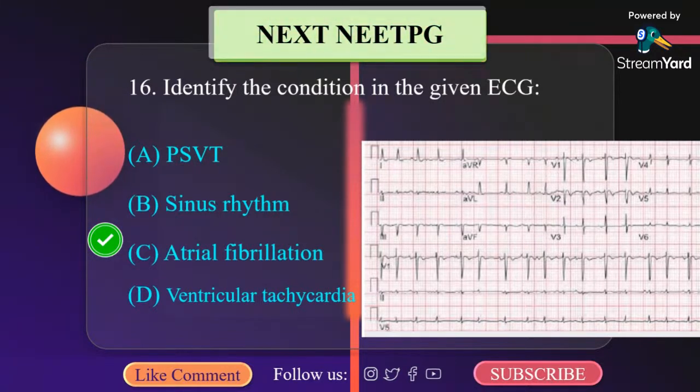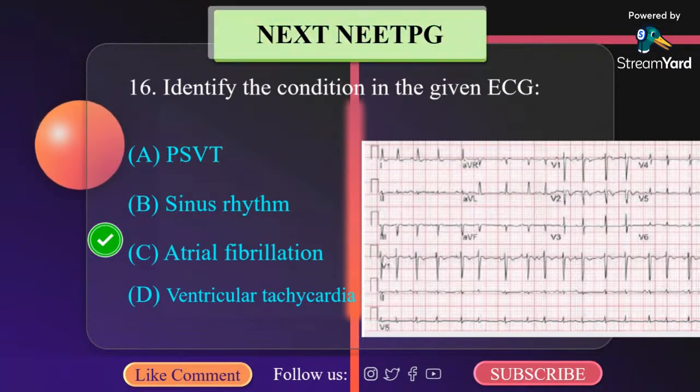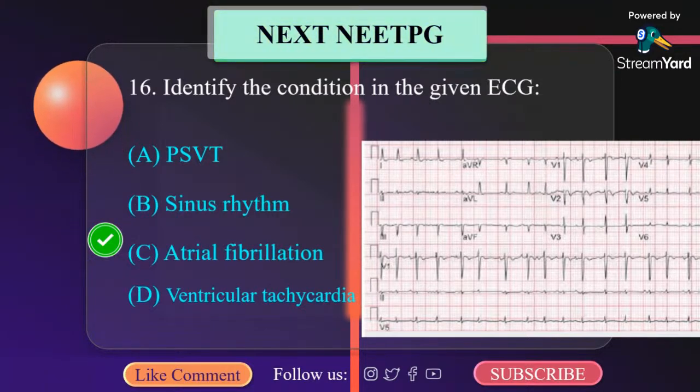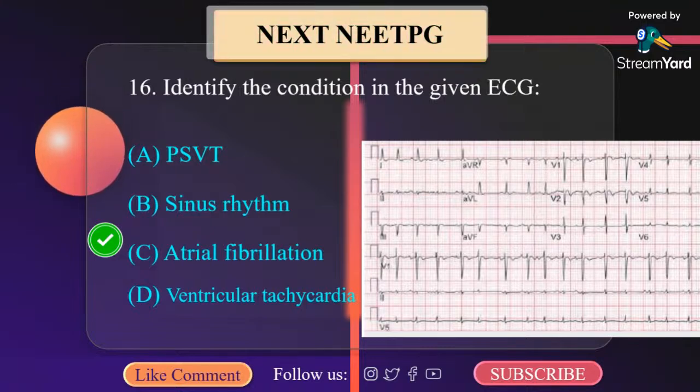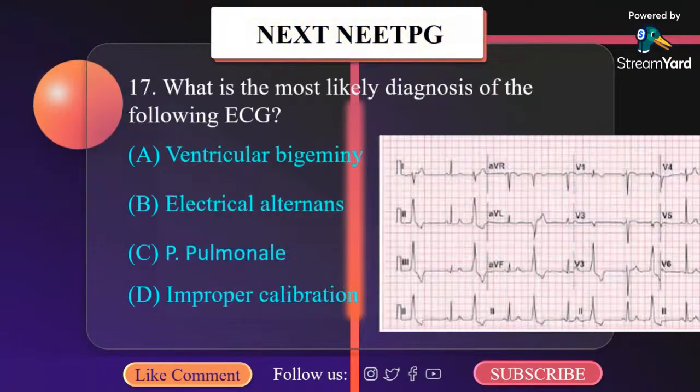C. Atrial fibrillation. D. Ventricular tachycardia. It is atrial fibrillation. Why? Can anybody comment in the comment box, please? This is atrial fibrillation. It is the most common arrhythmia, characterized electrocardiographically by low amplitude baseline oscillation, that is fibrillatory waves, and an irregular ventricular rhythm.